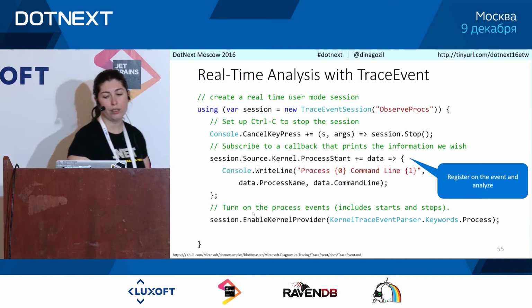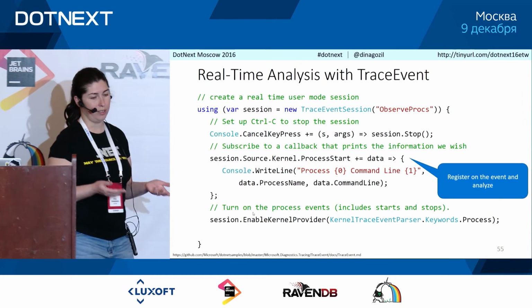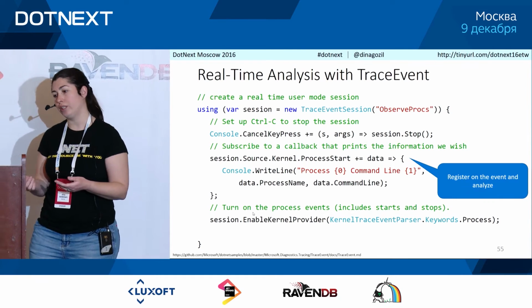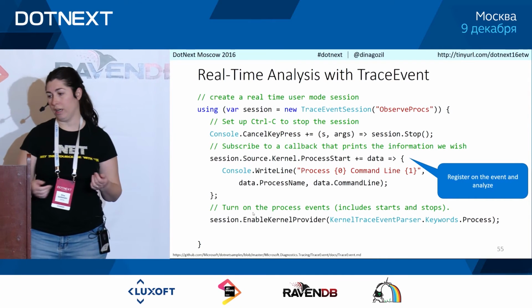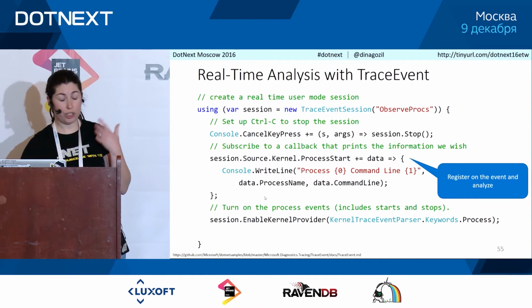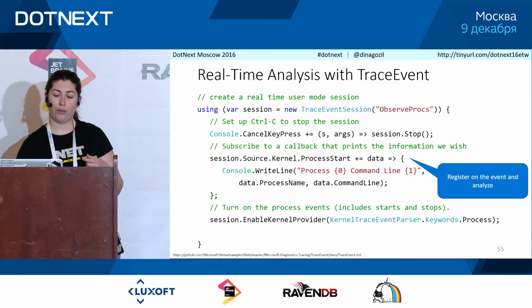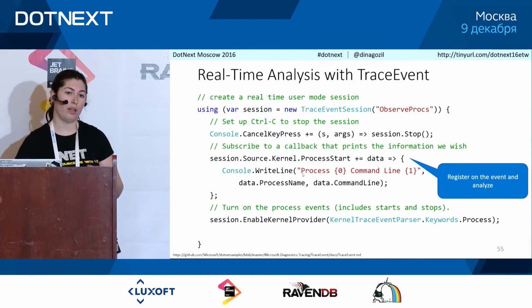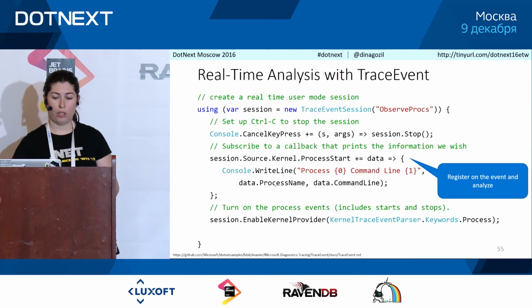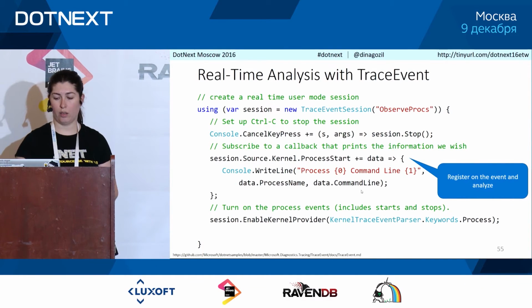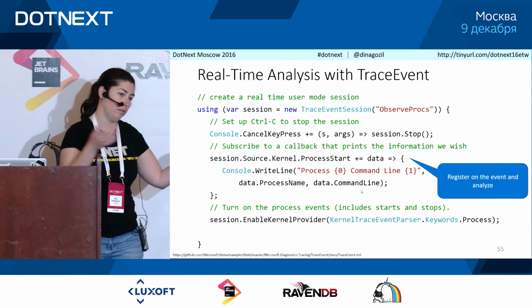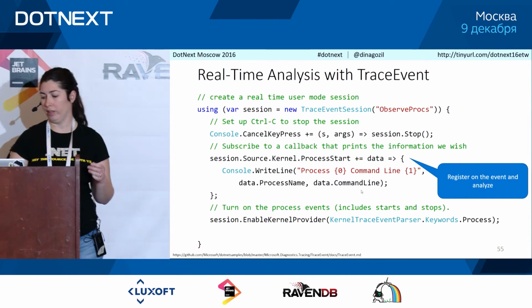And last, before we start, we're interested, again, in processes starting. So we're going to register on the process start event, which is, again, a type-safe event, which knows about the different properties that come along in the process start event. So it knows it has a process name property, and it knows it has a command line property, and all the rest of the properties that come with it.